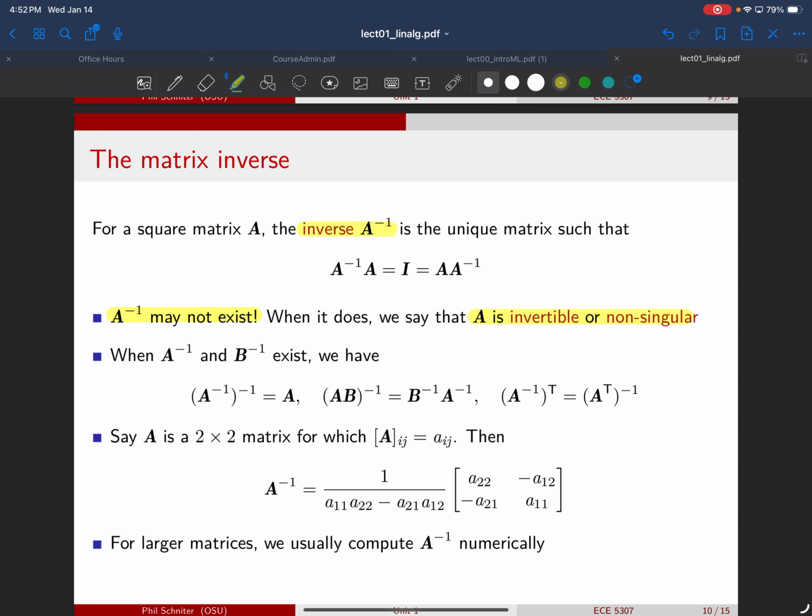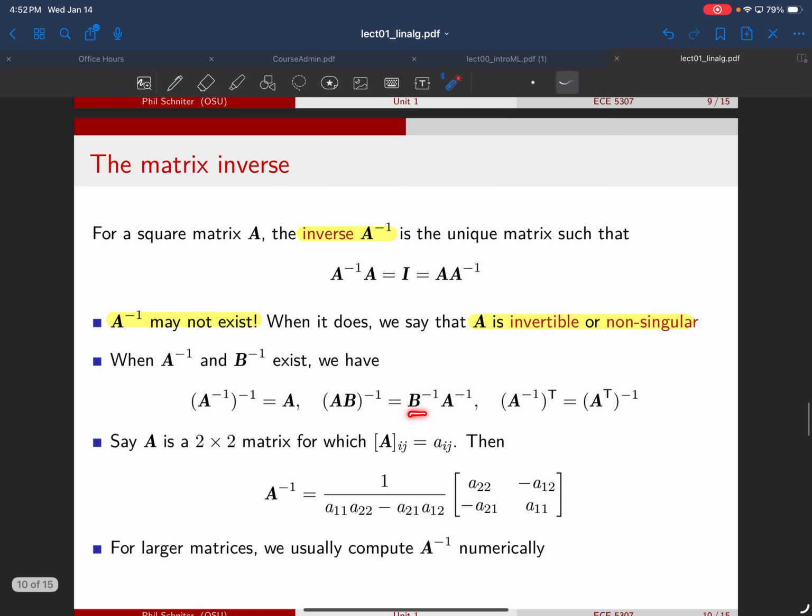Okay, so a few important properties. If I have two matrices A and B whose inverses exist, first of all, if I apply the inverse twice, A inverse and then inverse that, I recover the original A. If I have a product of matrices A and B and I invert the product, similar to how we saw with the transpose, you invert the individual entities, but you also swap their order.